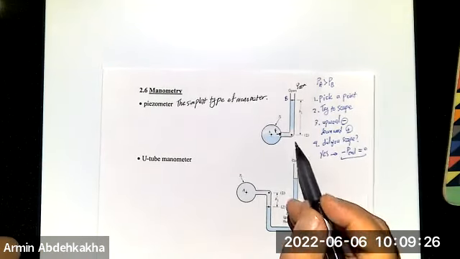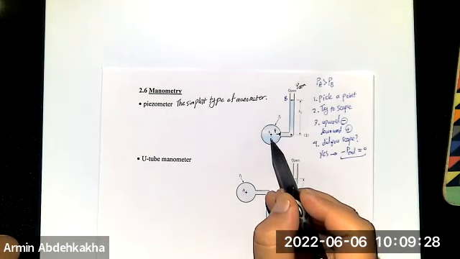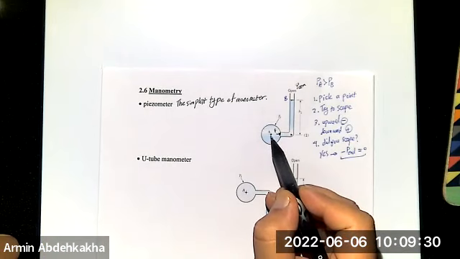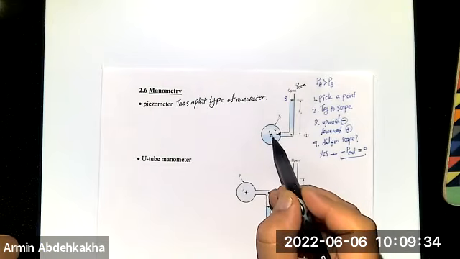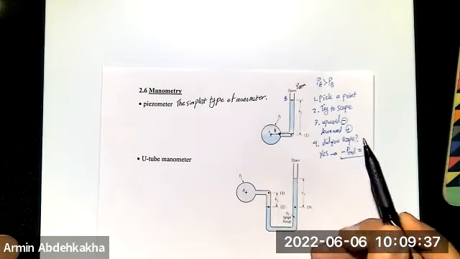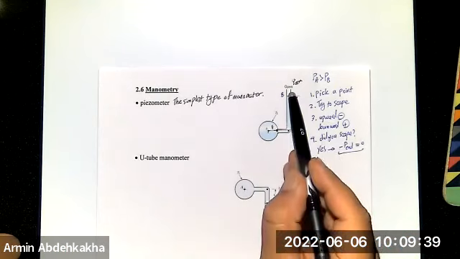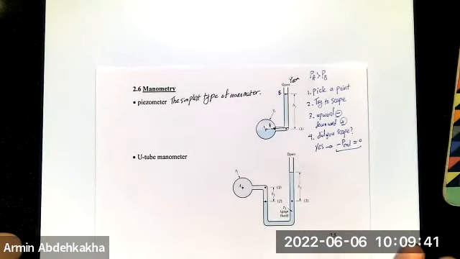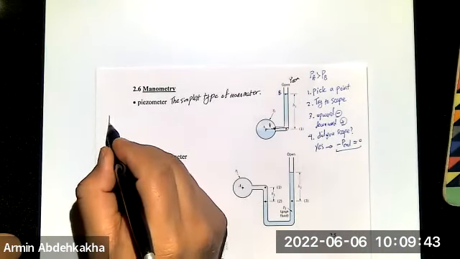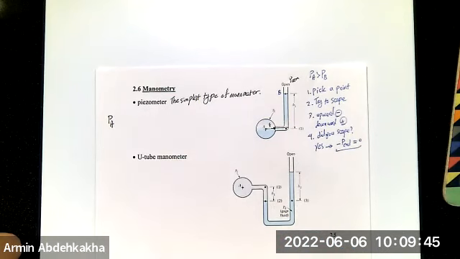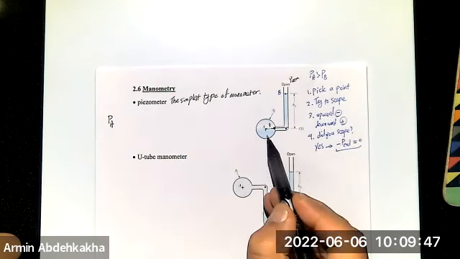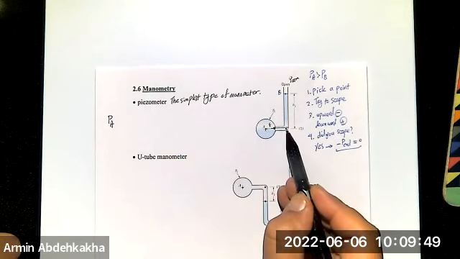What does first, pick a point, mean? I choose point A. Try to escape from this container, going here and going top, right? And I reach here. So first point is PA, okay? Then I'm moving from this point to this point.